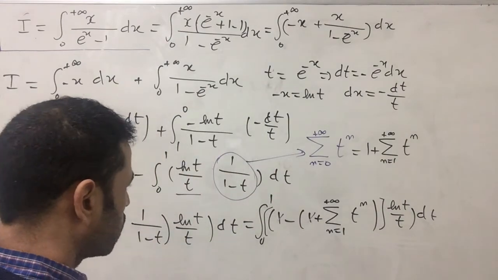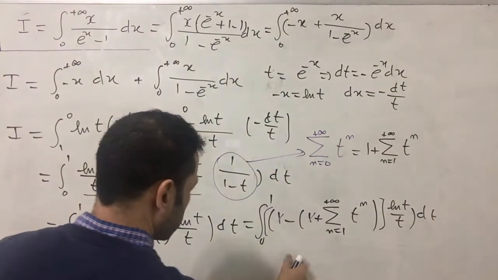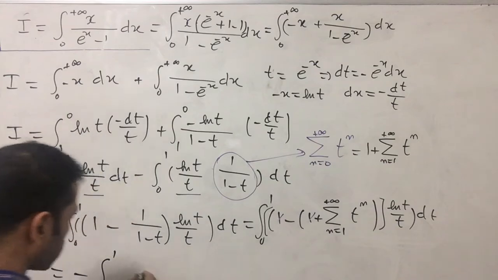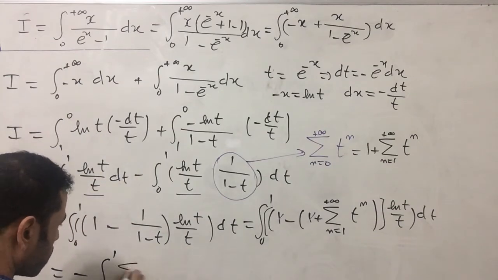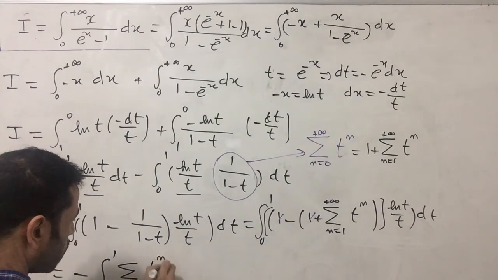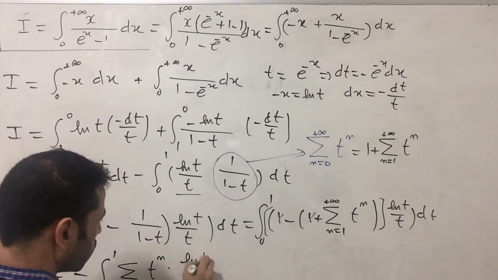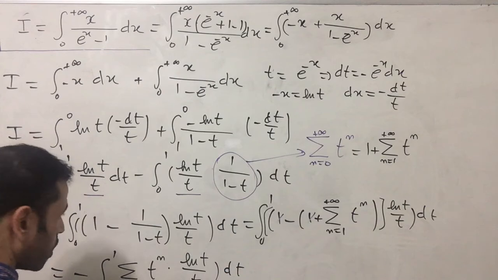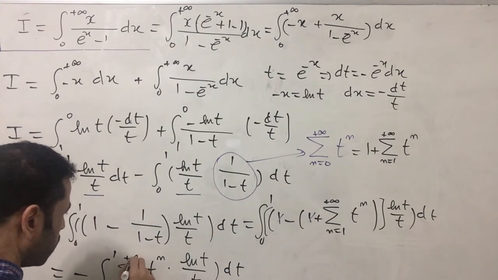Okay, so I will have this integral minus the integral from 0 to 1 of the sum of t to the n multiplied by natural log of t over t dt, as n goes from 1 to plus infinity.